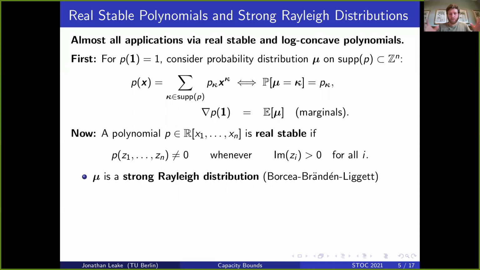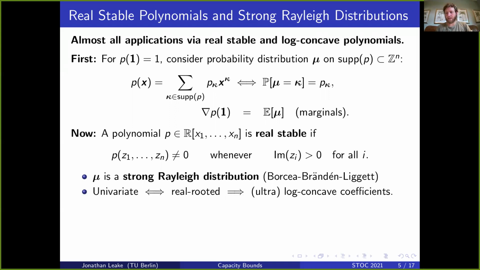Okay, so we have these real stable polynomials and strong Rayleigh distributions. So why can we say that real stable polynomials are log concave? What is their connection to log concavity? The most basic thing, which is pretty standard if you've seen this before: if you take a real stable polynomial that just has one variable, say x1, then this is basically saying that you have a polynomial with real coefficients with no roots in the upper half plane.